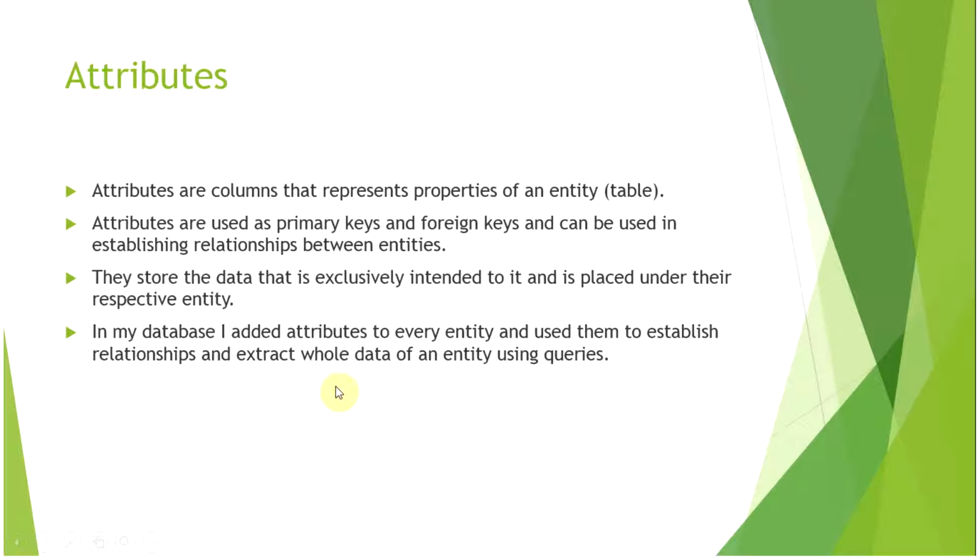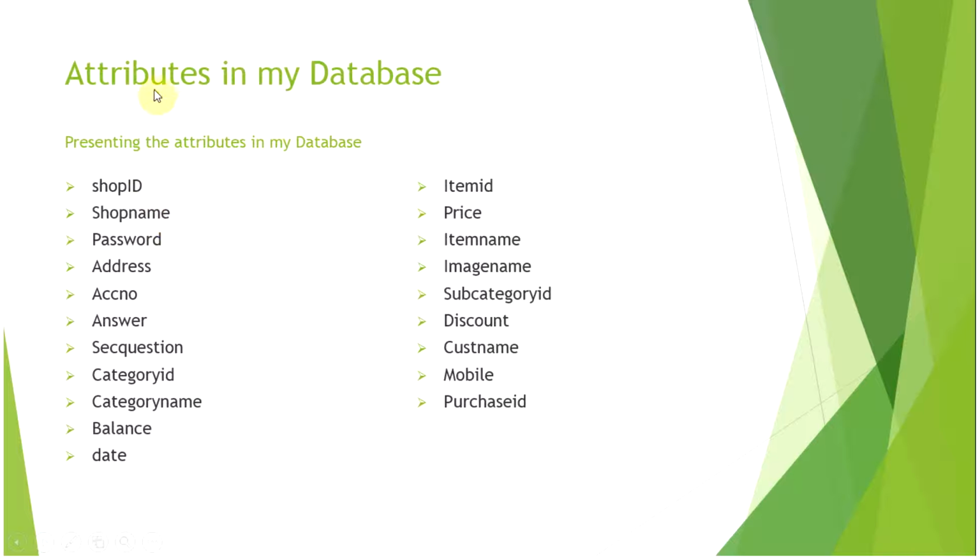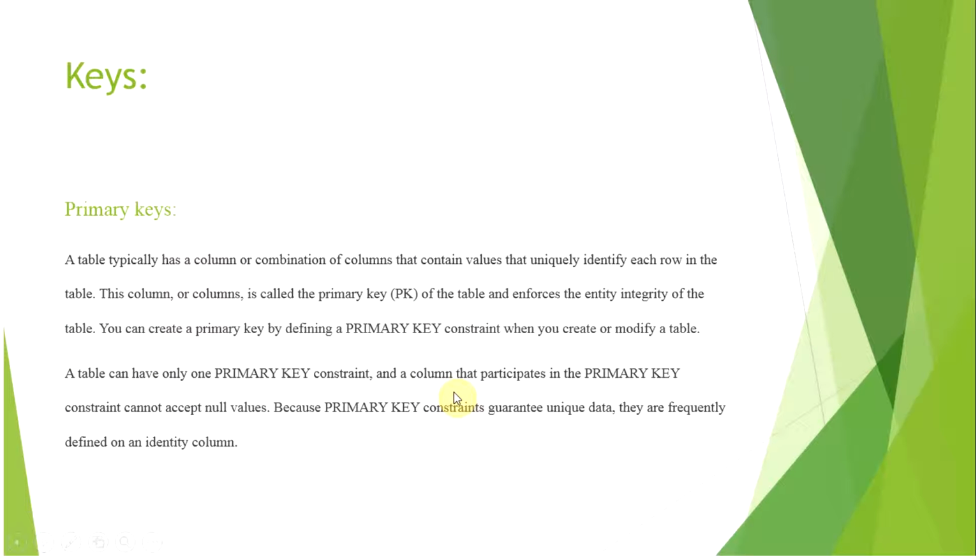In my database, I made sure that I added attributes to every entity and used them to establish relationships and extract whole data of an entity using queries and using primary keys and foreign keys. These are the attributes I used in my database system: shop ID, shop name, etc.